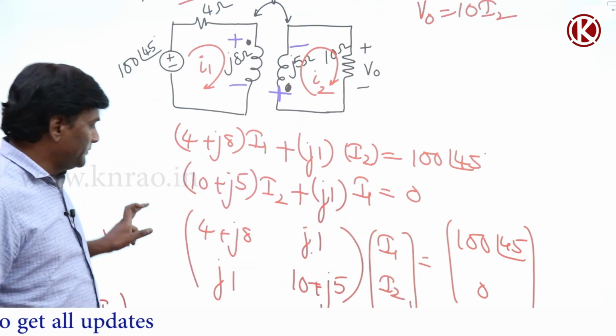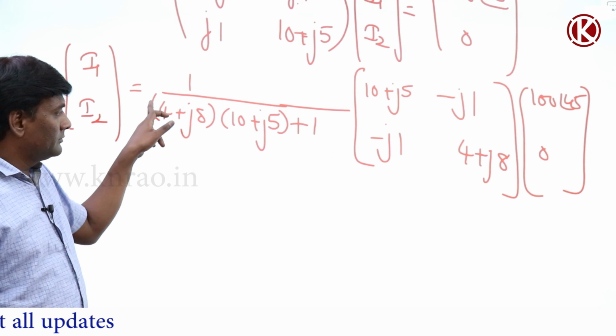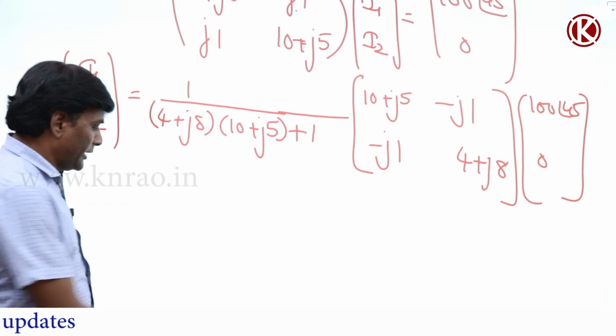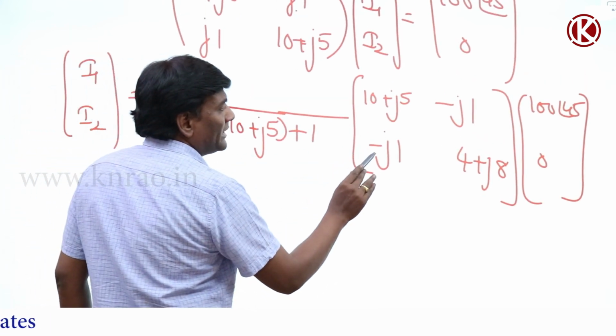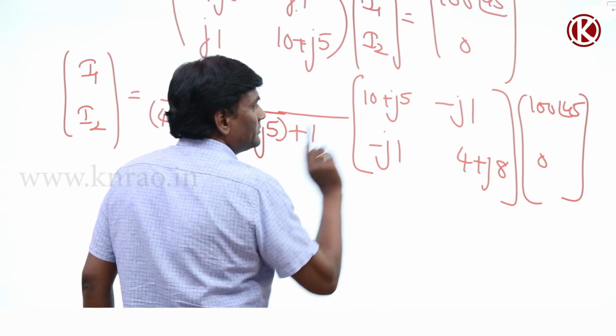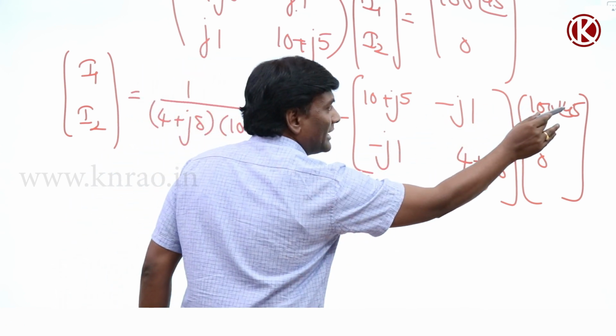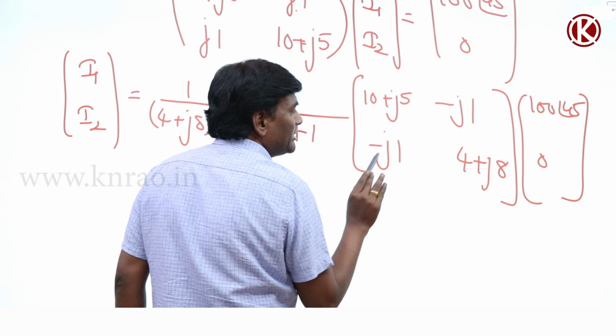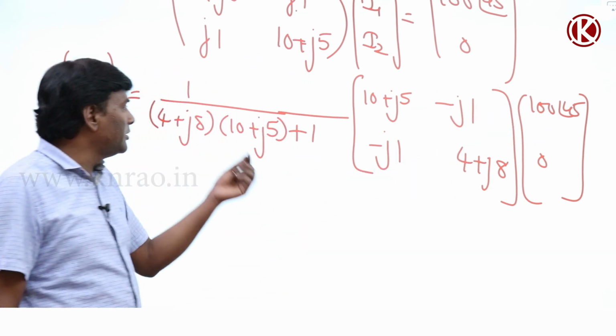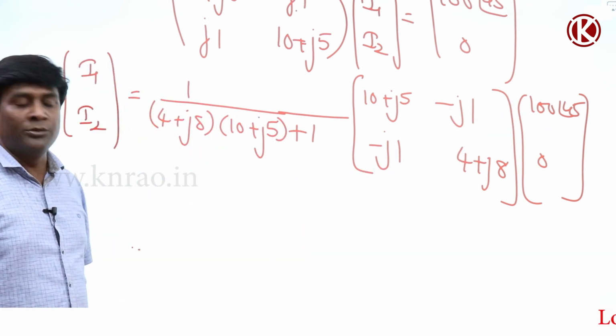Okay, so let me calculate I2. If I calculate I2, it is minus J1 into minus J1 into 100 at an angle 45, because the other term is anyway 0, so minus J1 into 100 at an angle 45 divided by this determinant is going to give you I2.